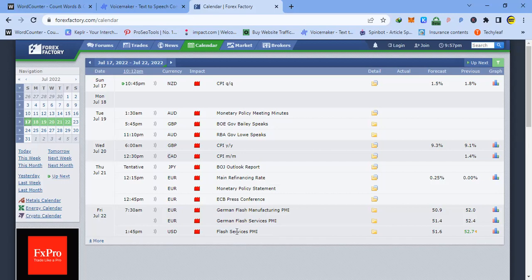So this one here will only cause some fake outs in the market and not have much effect, so I'm not going to concentrate on it. Basically we don't have any serious news to affect our trades this week. Not all red folder news normally affect markets heavily, so you only expect some kind of fake outs on most of them.